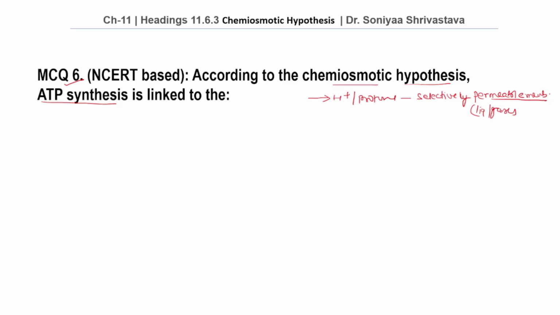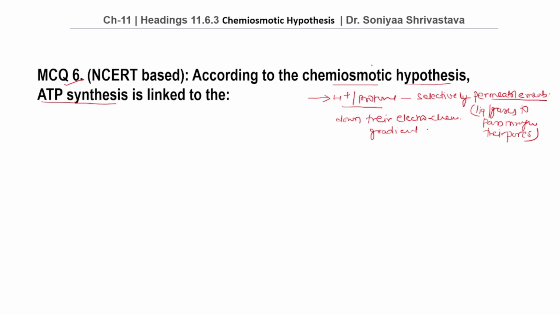Permeable membrane means the membrane which allows liquid or gases to pass through their pores. So chemiosmotic means the movement of ions, mainly hydrogen ions or protons, across selectively permeable membrane down their electrochemical gradient.